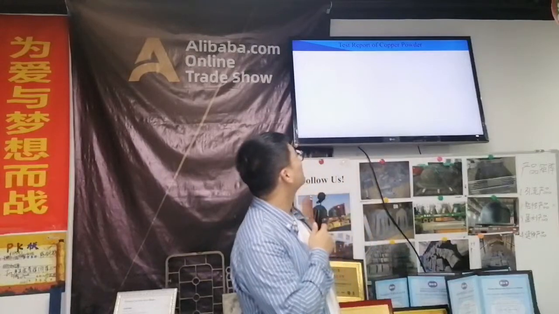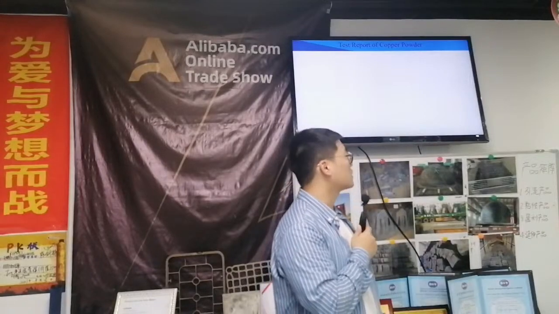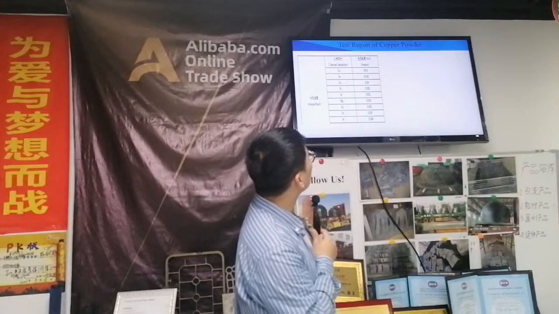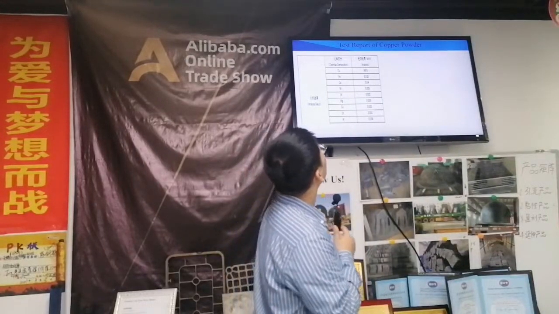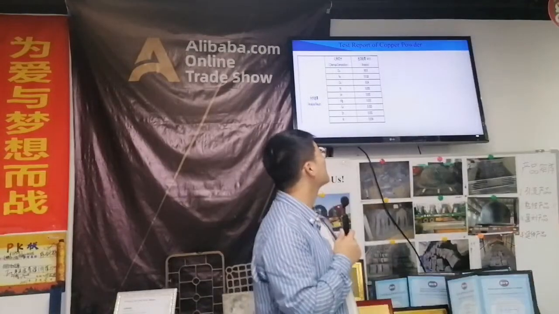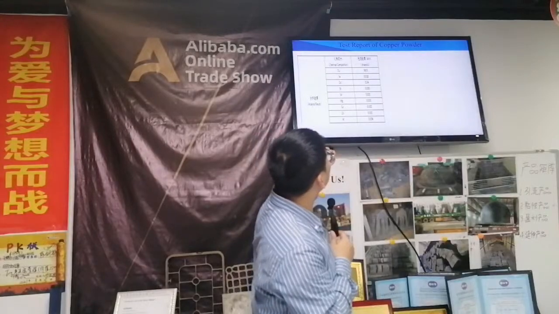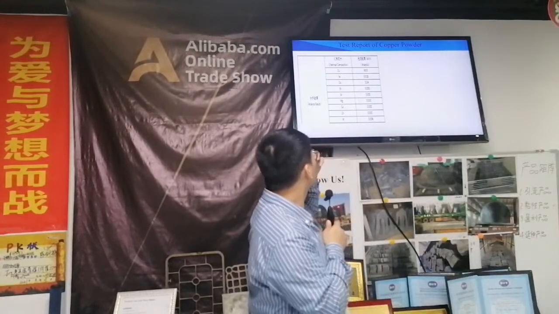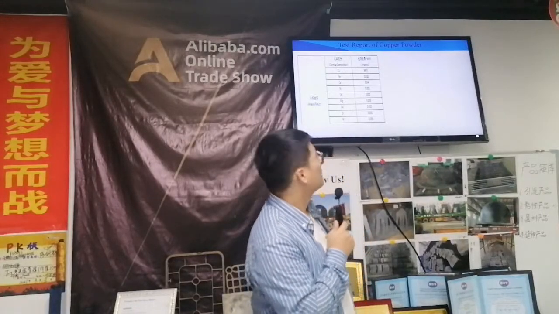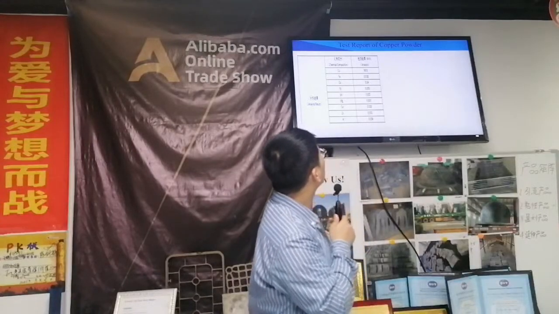Now I will show you the test report of the copper powders. The first test report is the pure copper powders. As you can see, this is the copper, which takes about 99.9%.